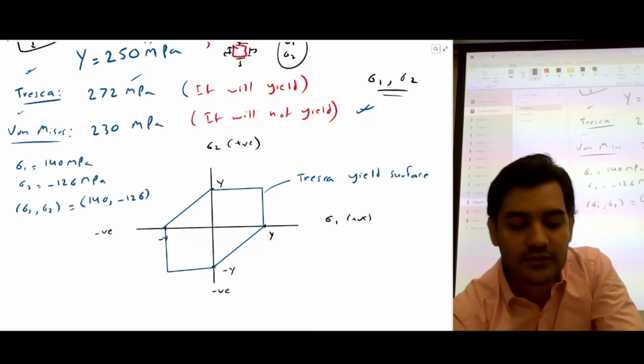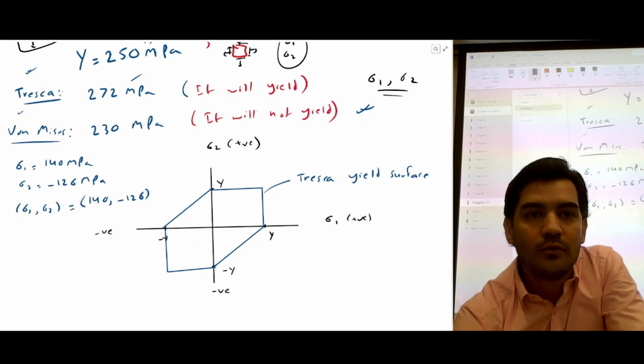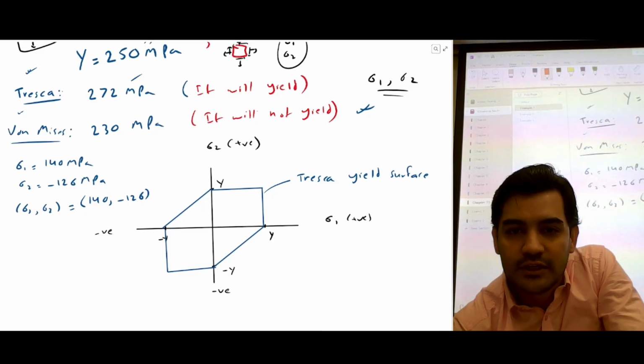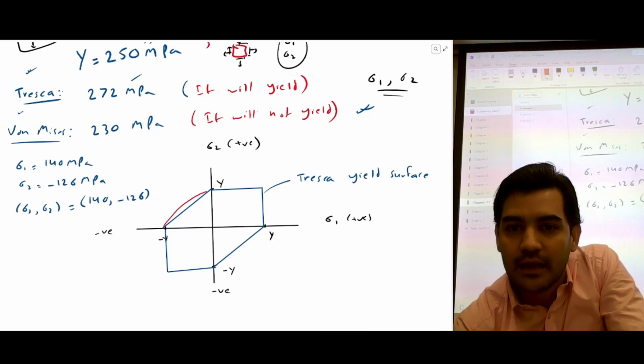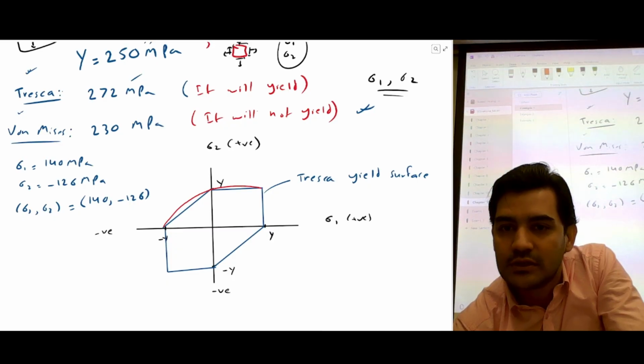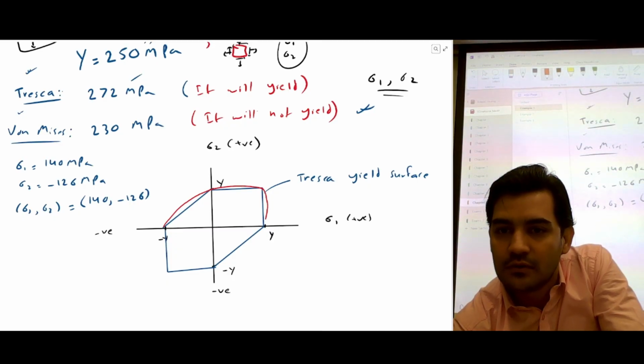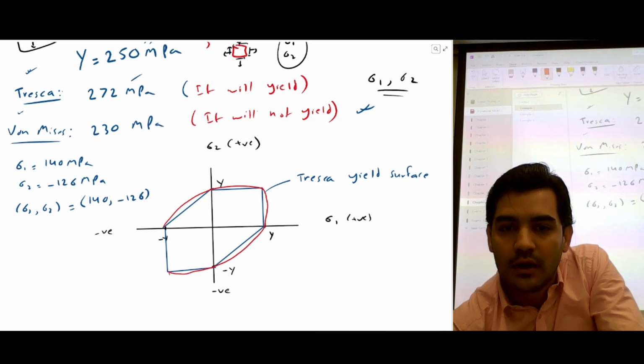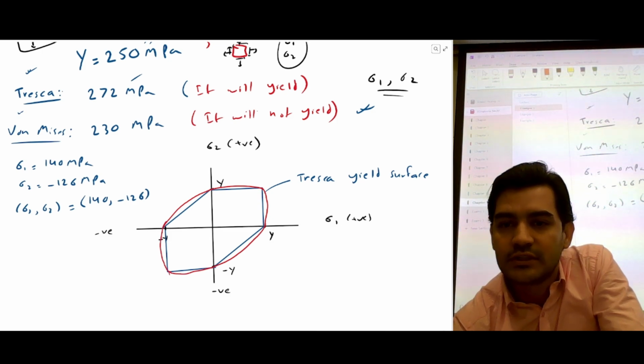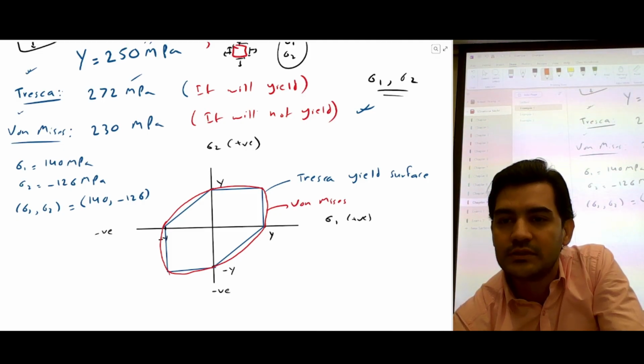I will also draw the yield surface of von Mises. The yield surface for von Mises is an ellipse, or parabola-like curve. It passes through the yield points. So this is the von Mises yield surface.